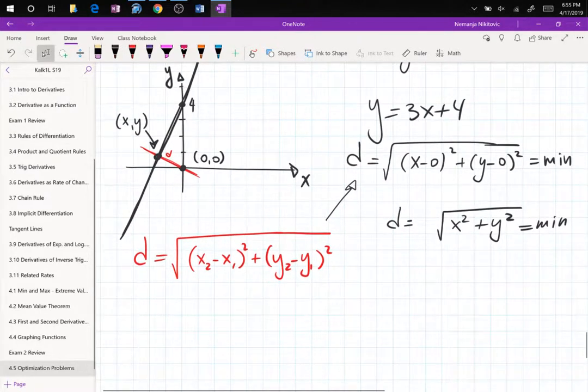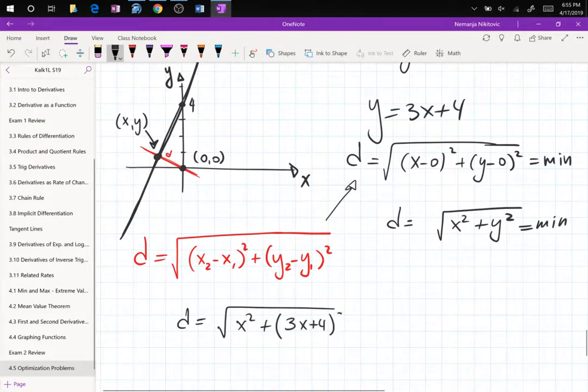So we replace y. So distance is equal to the square root of x squared plus 3x plus 4 squared. That's going to be the square root of x squared plus 9x squared plus 24x plus 16.